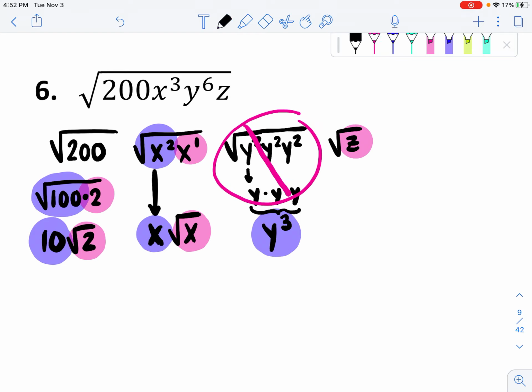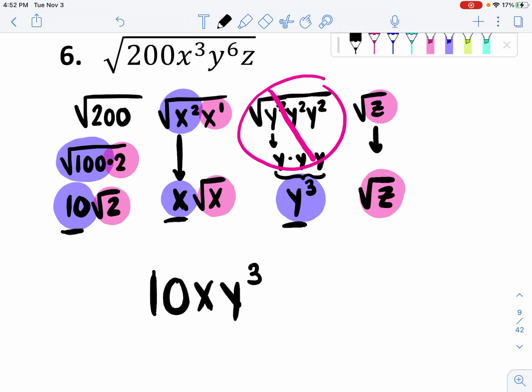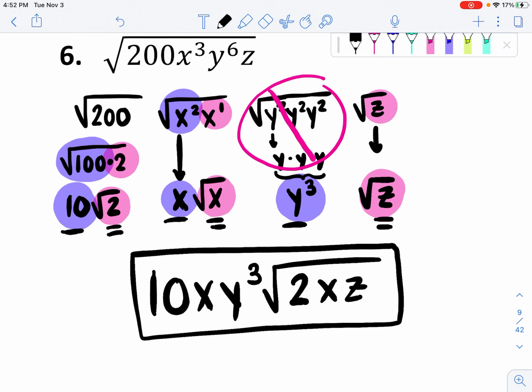You can't reduce that z to the first, so it's trapped. So that comes down and it stays underneath. So altogether, outside I have 10x and y cubed. And then underneath, I have 2x and z. So that gives us our answer.